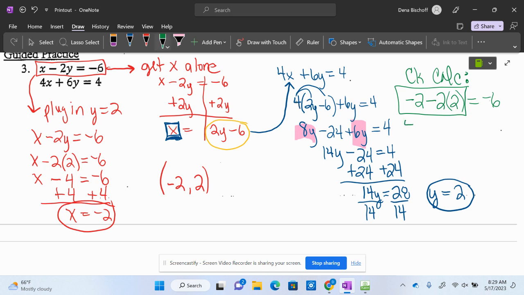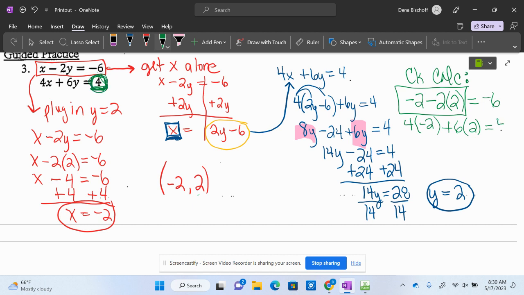Okay, let's check the second equation. Second equation says 4 times x. What is the value of x? -2 plus 6 times what is the value of y? 2. And this better equal what in my calculator? It better equal 4.